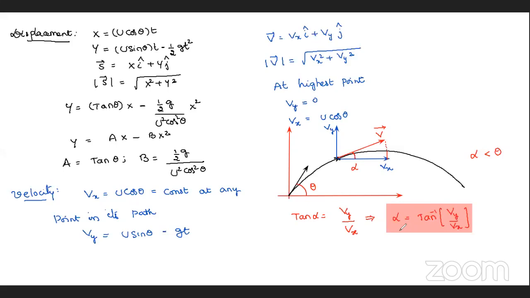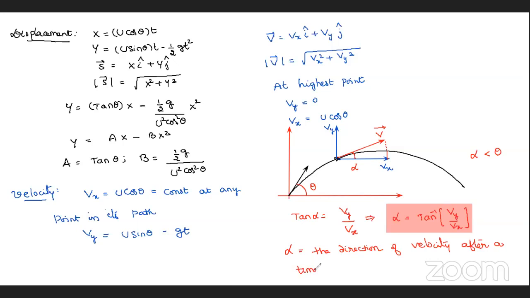How do they ask related to alpha in exam? That one I am writing here. They ask like this: find the direction of velocity after a time t.